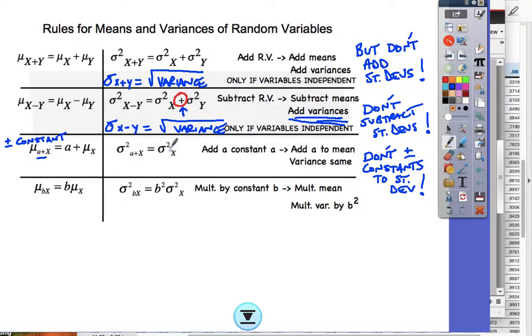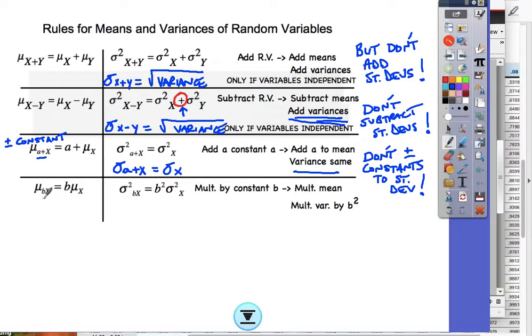So the variance remains unchanged. Even if we're adding a constant, the variance stays the same. So the standard deviation will also just stay the same. Okay, so the variance stays the same, so does the standard deviation.